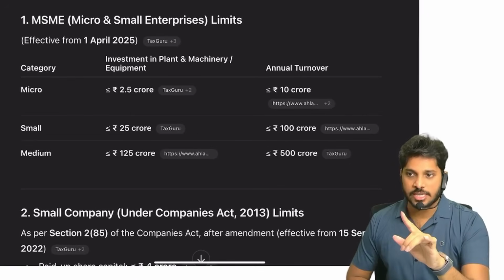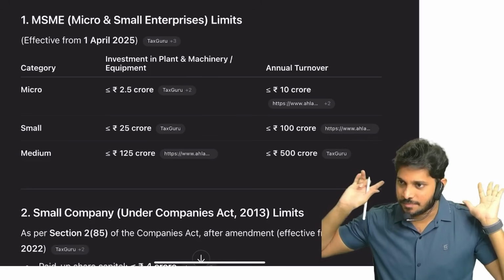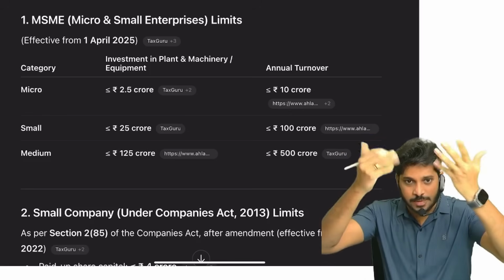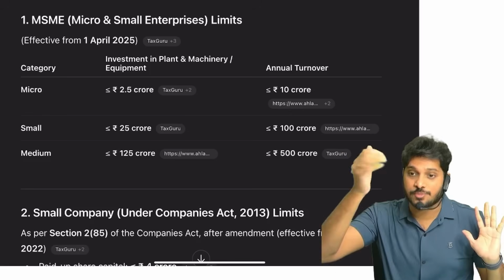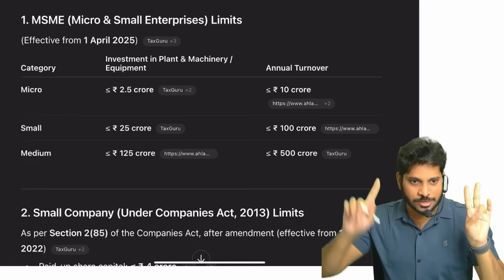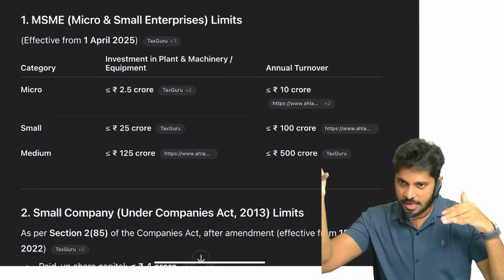Small means 10 times micro, 25 crore and 100 crore. Understood? Medium enterprise means 5 times small, so 25 into 5 is 125, and 100 into 5 is 500. So micro means 2.5 crore and 10 crore maximum. Small enterprise means 10x, 25 and 100.